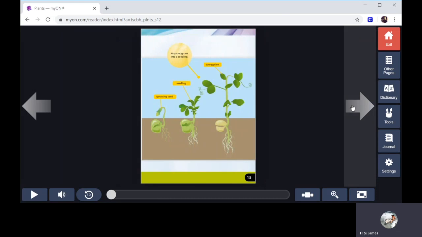This is actually a very interesting picture. As I was looking at it, you can see as the plant is growing, you notice some different things here.